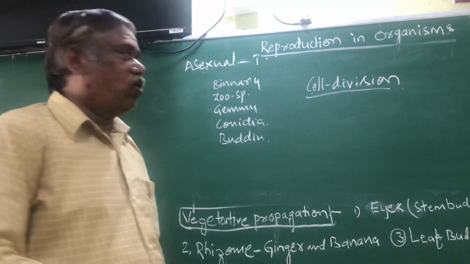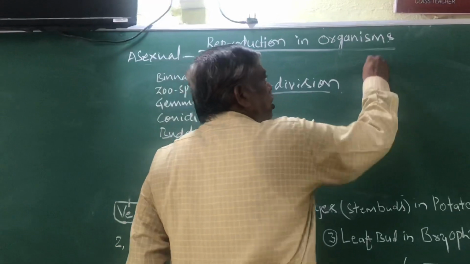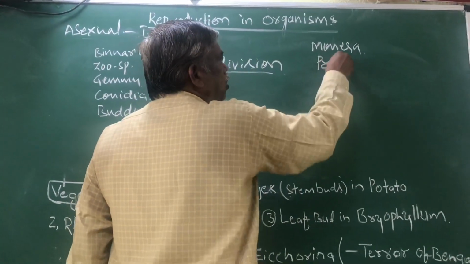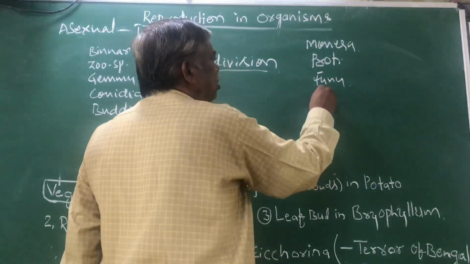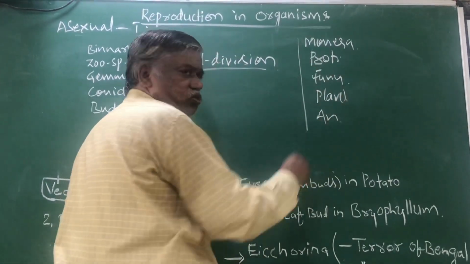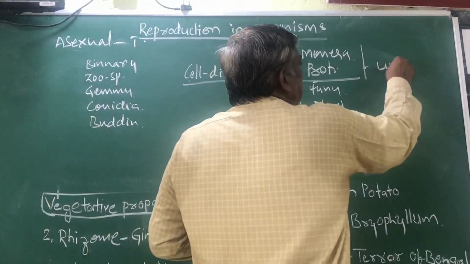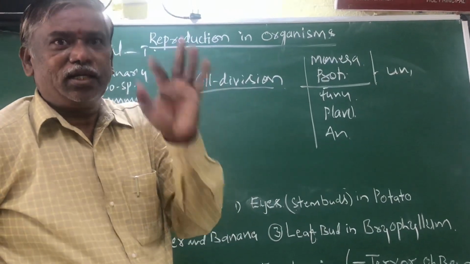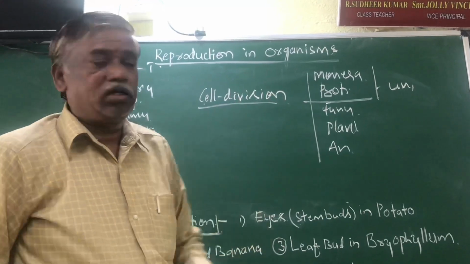Now, according to Whittaker, you know there are 5 kingdoms: Monera, Protista, Fungi or Mycota, Plantae, Animalia. In these 5 kingdoms, the first 2 are unicellular.